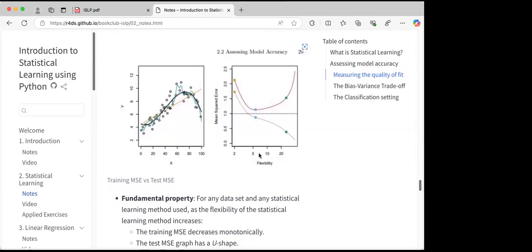So we could see that with more flexibility, the variability in the test MSE is higher. The test MSE is very high when we use a model that is very flexible.